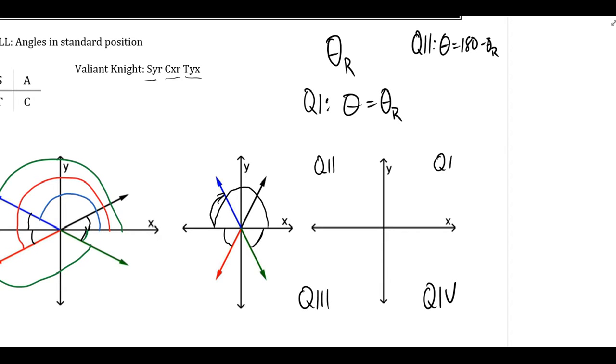And then you can use these formulas in reverse if you have the actual angle and you're trying to find the related angle, obviously. Okay, so quadrant 3, theta is equal to 180 plus theta related. And in quadrant 4, theta is equal to 360 minus theta related.